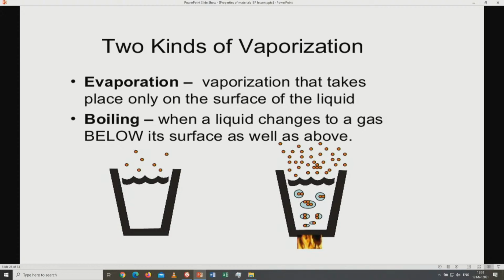Evaporation takes place when a liquid turns to gas on the surface of a liquid. But boiling takes place when liquid changes to a gas throughout the liquid, which means it needs energy to do that.